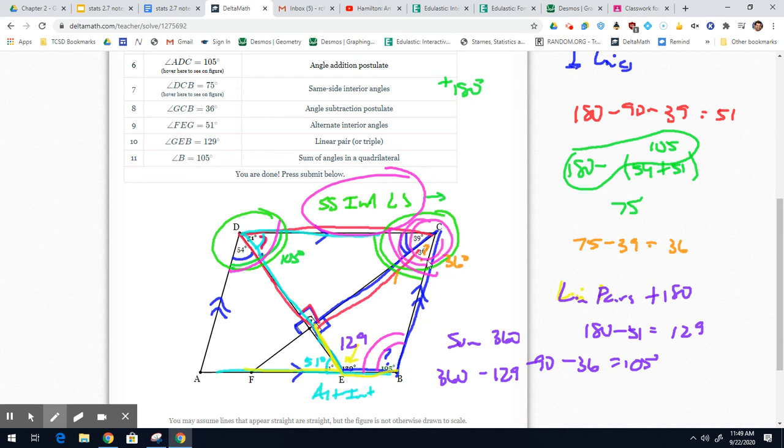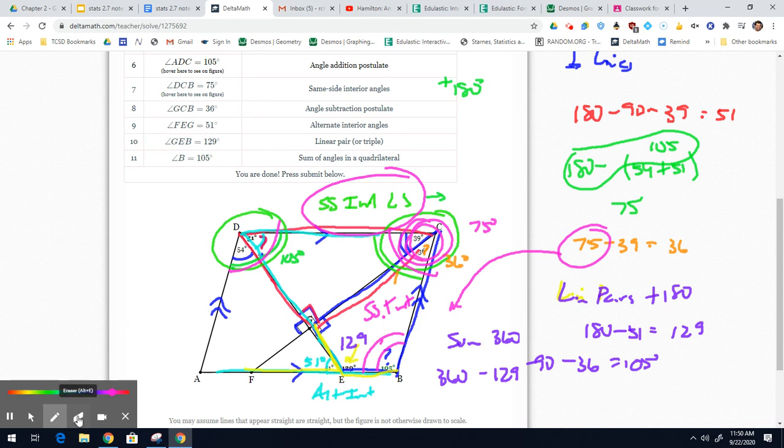This angle is going to be 75. It is going to be the same side interior with this angle. So I wonder if we could have done it that way too, because I got that this was 75 right here. So I could have said, okay, these two angles are same side interior as well. So if this is 75, that's going to be 180 minus 75 is 105. But I wanted to show you the 4 angles in the quadrilateral idea.